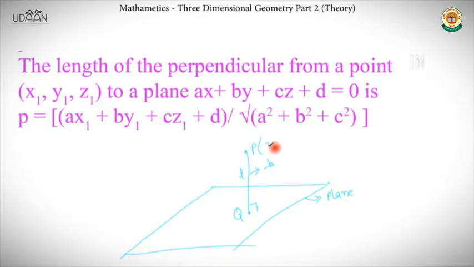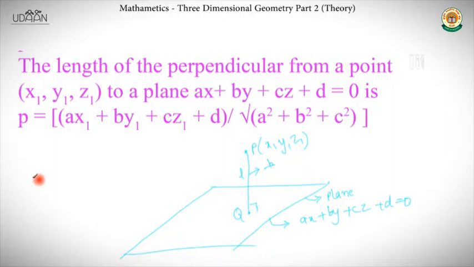So point P is (x1, y1, z1), and the plane's equation is given as ax + by + cz + d = 0. So the perpendicular distance L would be (ax1 + by1 + cz1 + d) divided by root of a square plus b square plus c square.